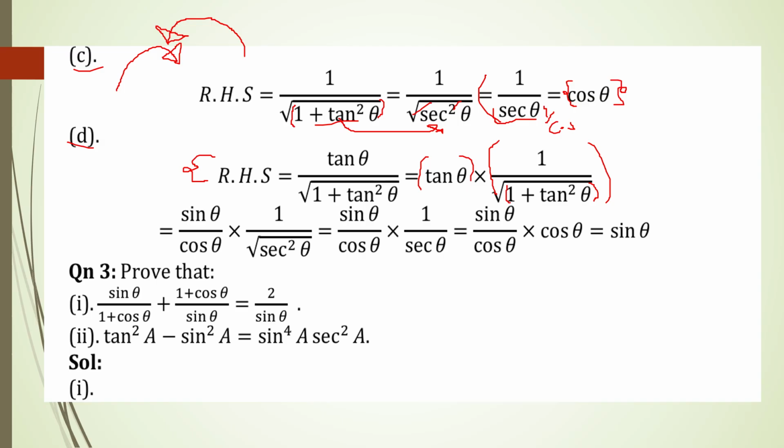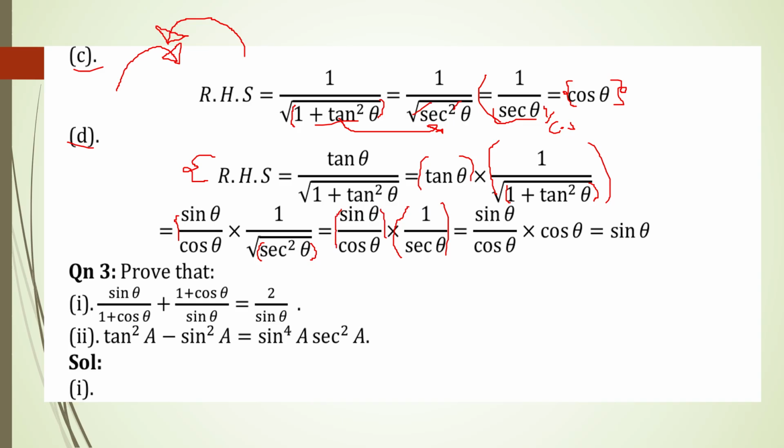So tan is the same as sine theta divided by cos theta. And then this identity of sec squared theta replaces 1 plus tan squared theta, because from the second trig identity, we saw that sec squared theta is the same as 1 plus tan squared theta. So when you get the square root of sec squared theta, you end up with 1 divided by sec theta, which you have seen in the item above is the same as cos theta.